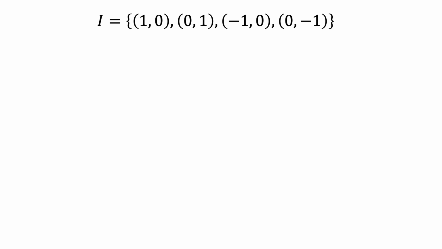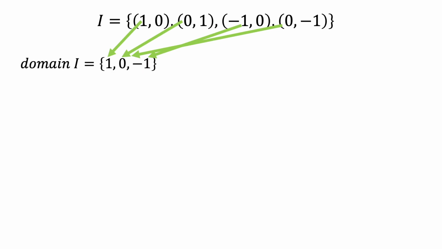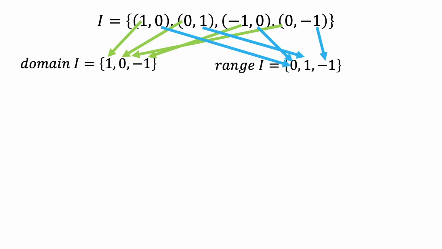Therefore, I will only include 0 once, which represents the two 0 inputs in set I. Thus, domain I is {1, 0, -1}. Similarly, I will only include 0 once in range I. Therefore, range I is {0, 1, -1}.